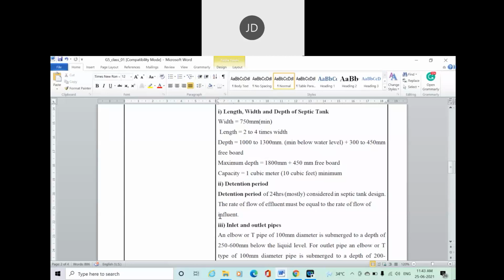Influent is the wastewater entering the septic tank, going inside, and the waste coming out is called effluent. The rate of flow of waste into the septic tank and coming out will be similar.